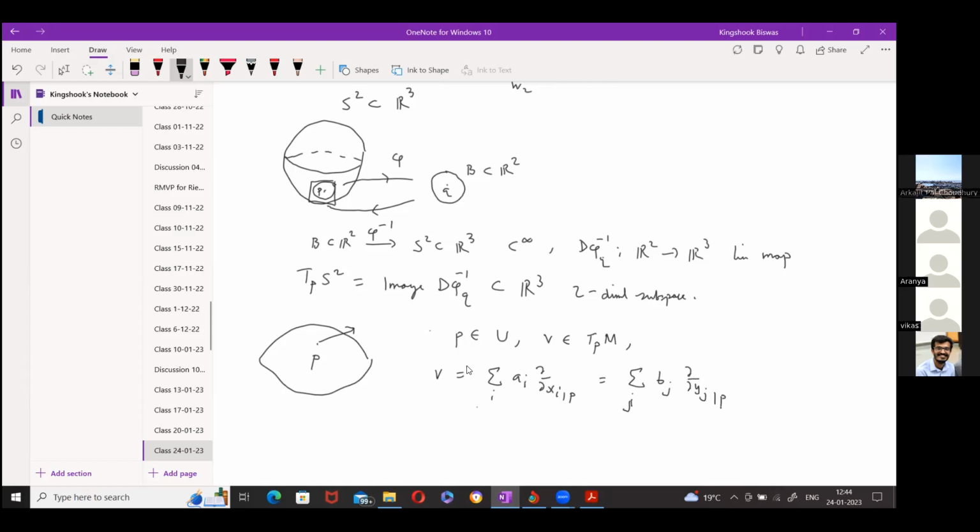And these ai I'm getting, ai is equal to the sum over j of aij(p) times bj, right? Okay, so that means the column vector a1 to an is equal to the matrix A(p) times the column vector b1 to bn, right? Where A(p) is the matrix aij(p).